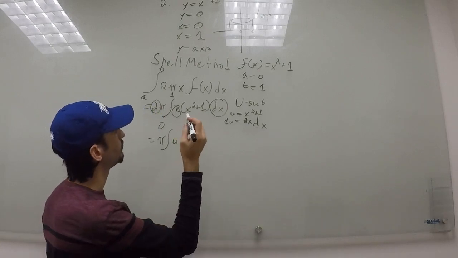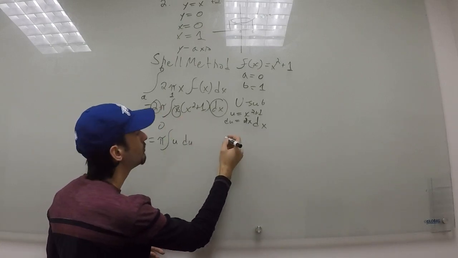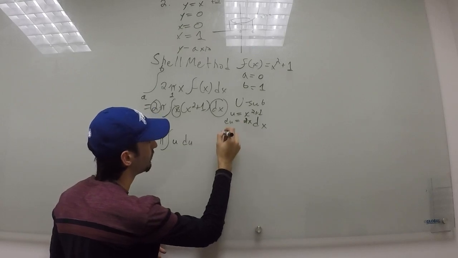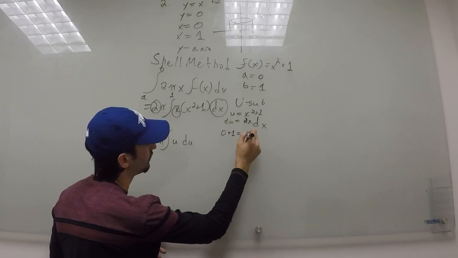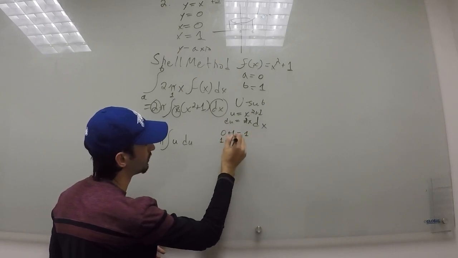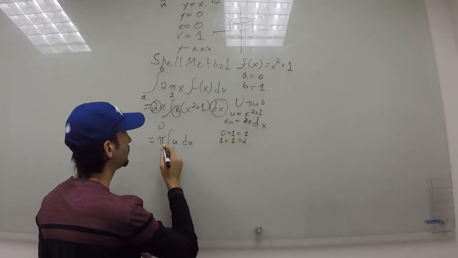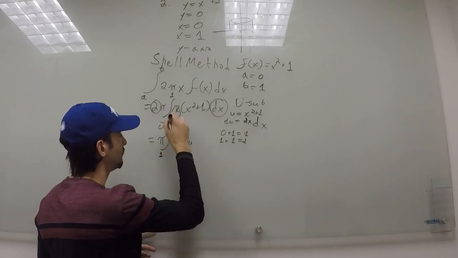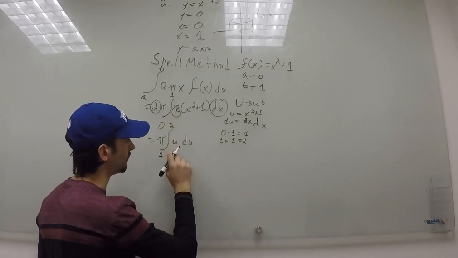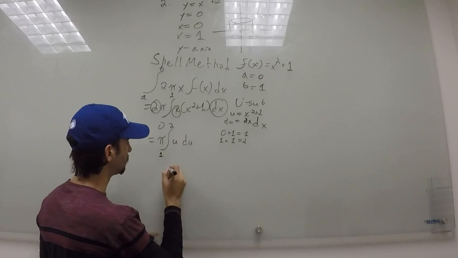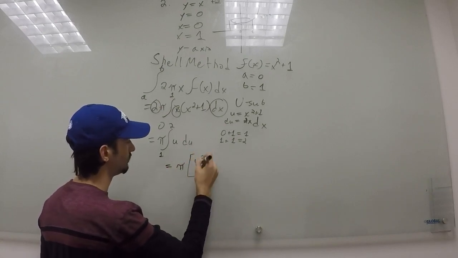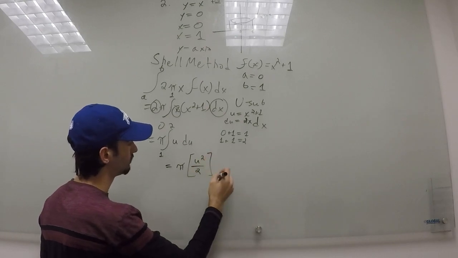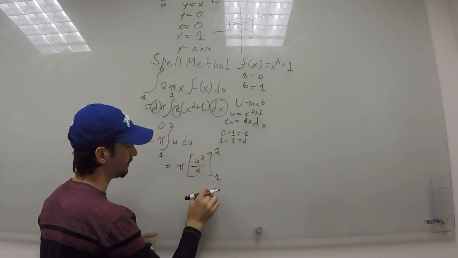So basically, if we plug in our values, 0 and 1, we get 0 plus 1 equals 1, and 1 plus 1 equals 2. So we get the integral of pi going from 1 to 2 of u du, which is going to translate to pi times u squared over 2, going from 1 to 2.